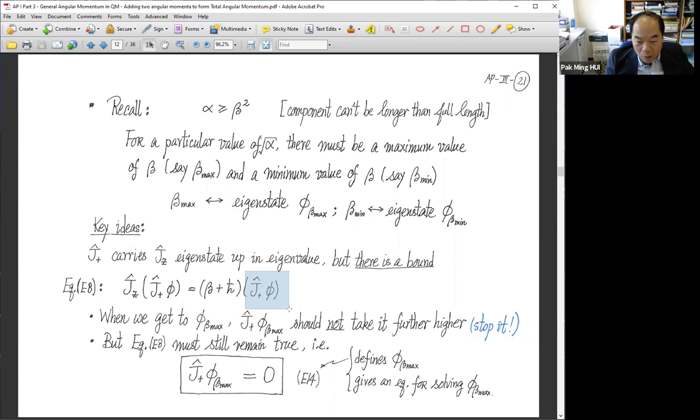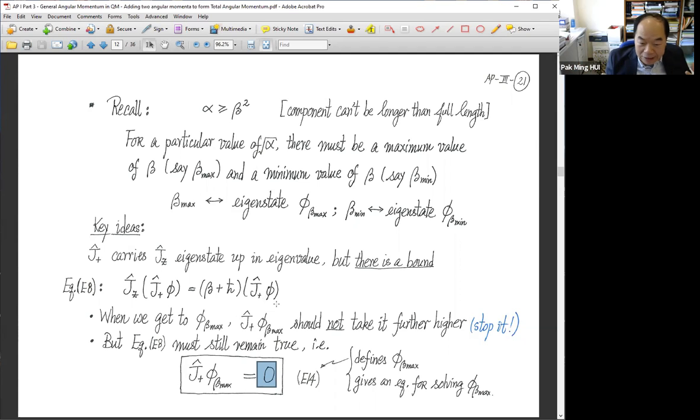So the only way to stop it is that when this particular maximum Z component eigenstate appears here, and you want to take it one step further, J plus operates on phi beta maximum, the way you can stop it is that when it hits here, it is 0. So when this is 0, nothing will follow.